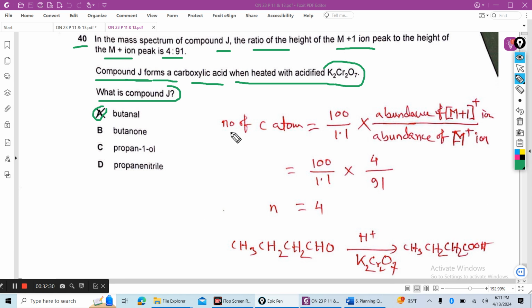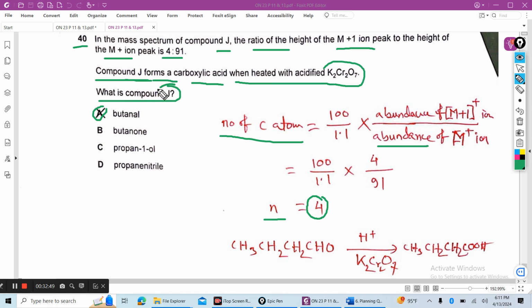At first you find out the number of carbon atoms: 100 divided by 1.1, times the abundance of M plus 1 ion divided by the abundance of M plus ion. So if you calculate, this compound contains 4 carbon atoms.